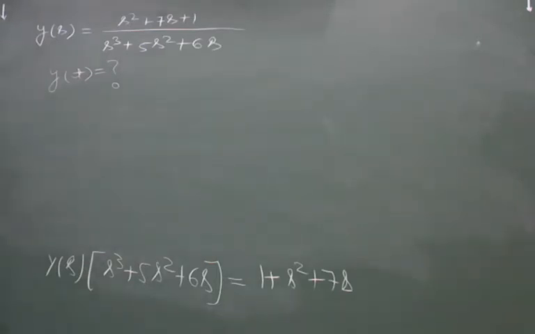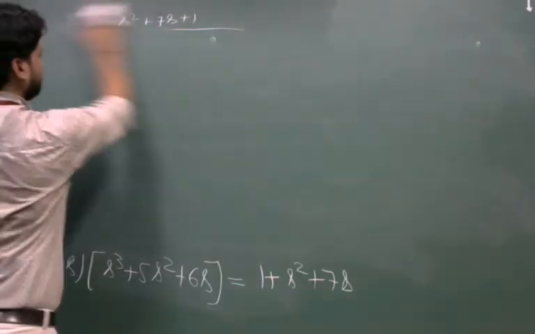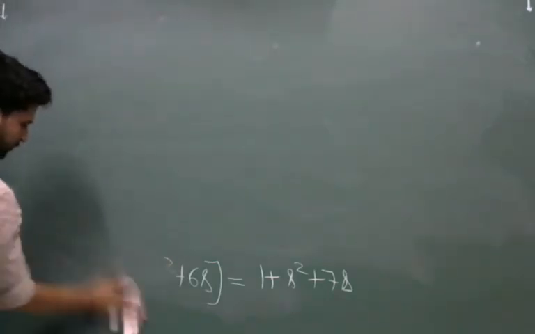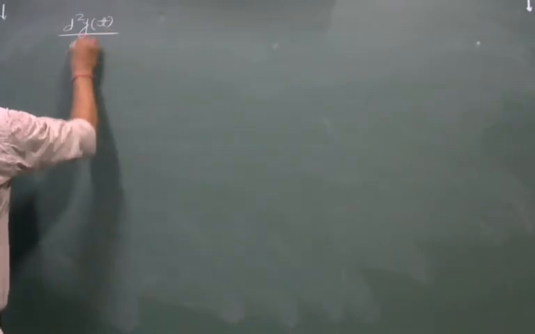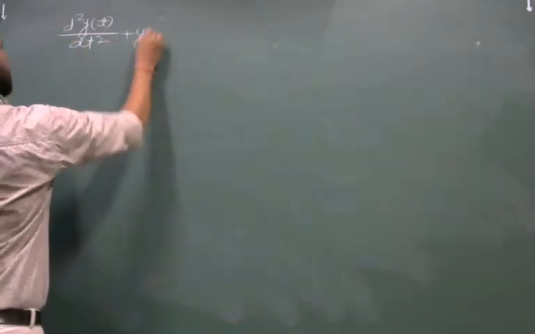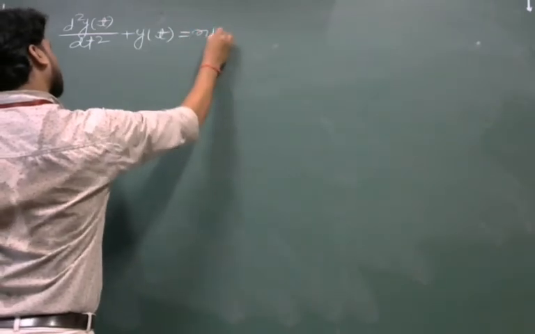Now we will consider one more simple example, which is given here as d2y by dt square plus y of t is equal to x of t.